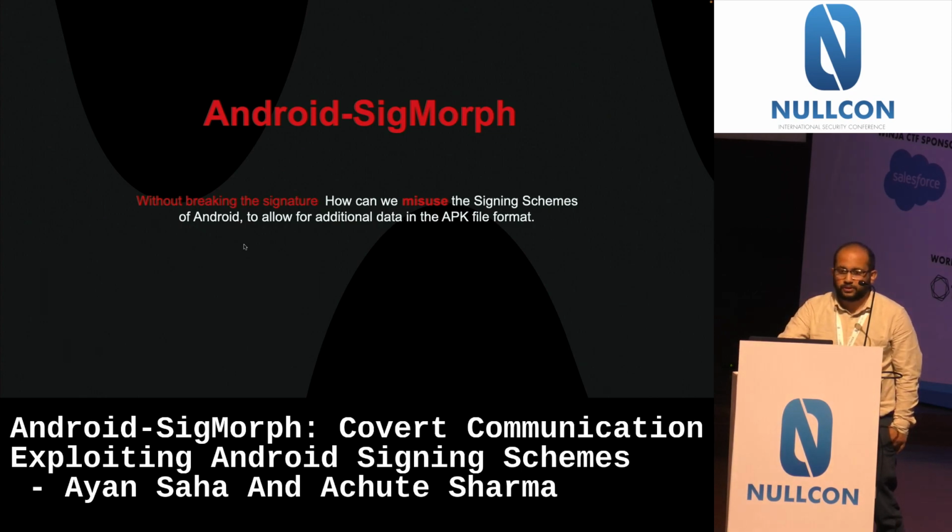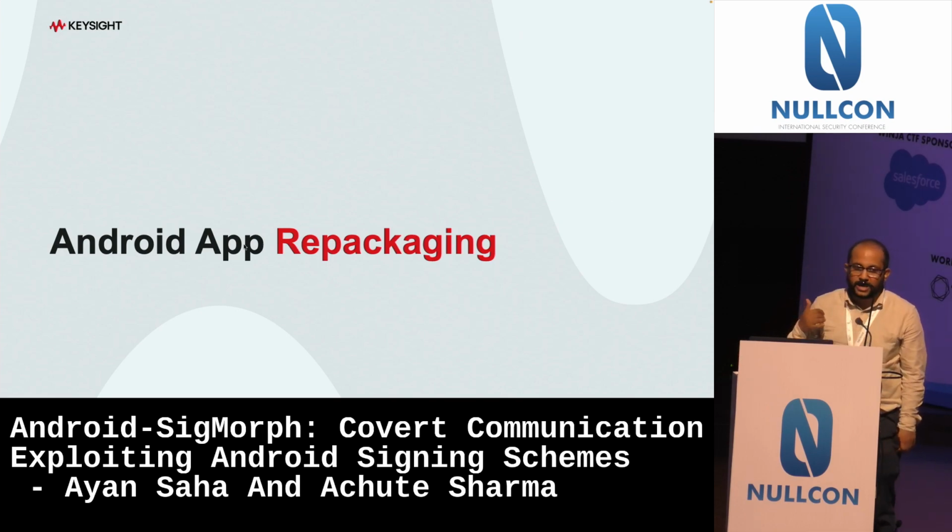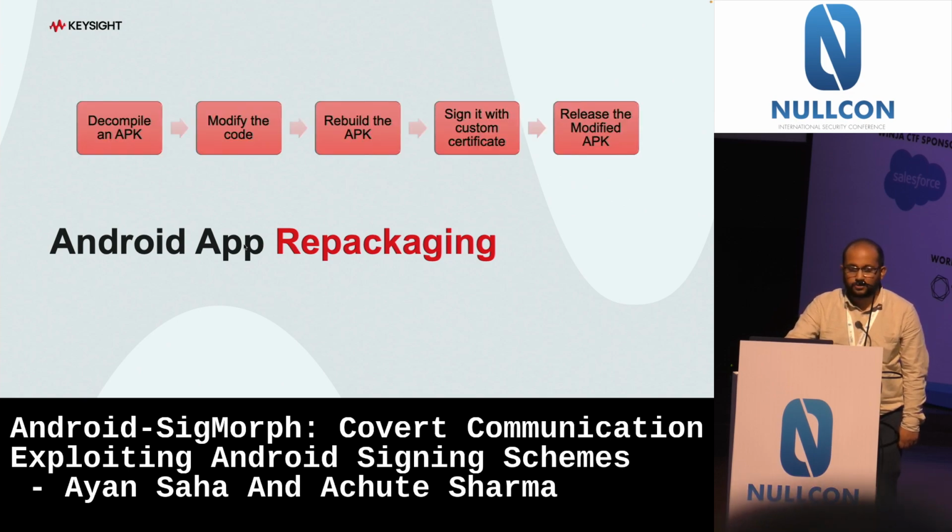Before we go there, to understand Android signatures, let's look at how Android apps have traditionally been modified. Traditionally, there is something called Android app repackaging, which is generally a 5-step process where we take an APK, decompile it, modify the code, maybe the smali code, then rebuild it and sign it with a custom certificate.